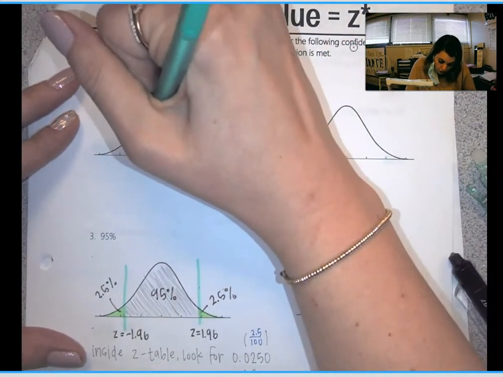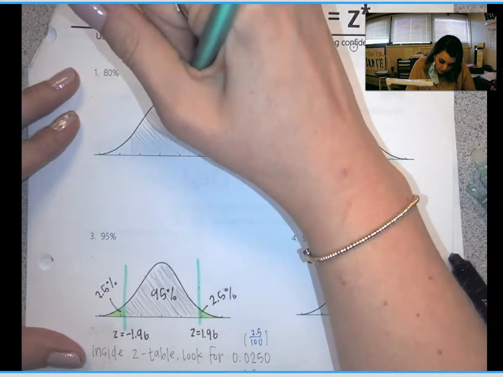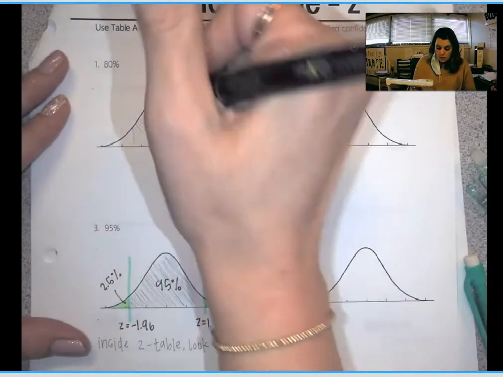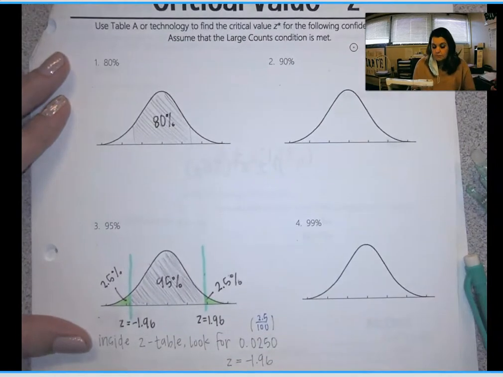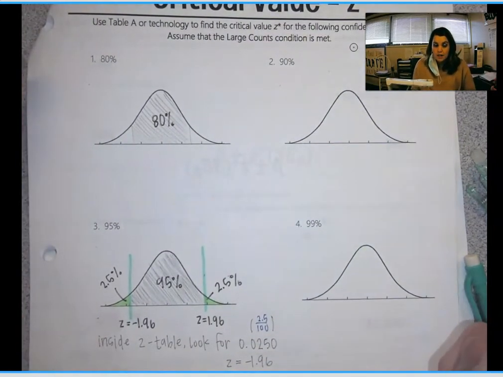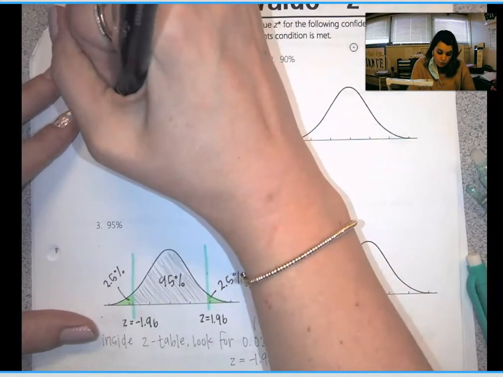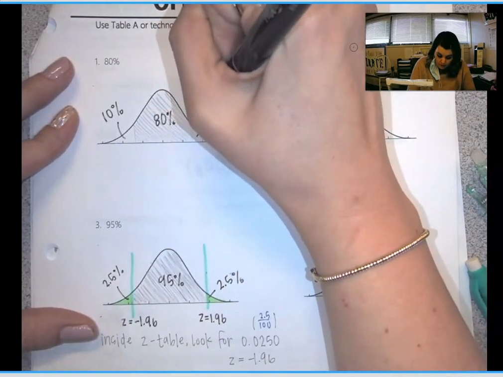I'm not sure how accurate this is. I'm just doing this to get a visual of what I'm supposed to be doing. So this is 80%, which means there's 20% left over. 20% divided by 2 gives you 10% here, 10% here.